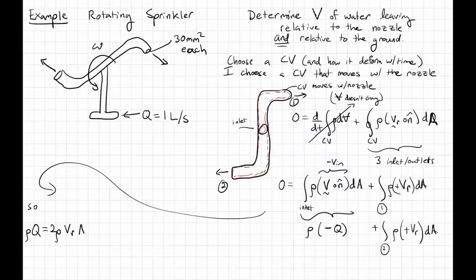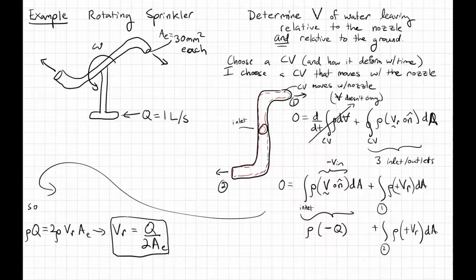So rho times q would equal 2 times the value of either one of those integrals, since they're identical. If the velocity is uniform over the exit, I can evaluate that integral directly as the mass flow out, which is rho times VR, the relative velocity, times the area at the exit. I can invert that and solve for the relative velocity at the exit, which would be q divided by 2 times the area of each exit. So that's the relative velocity.